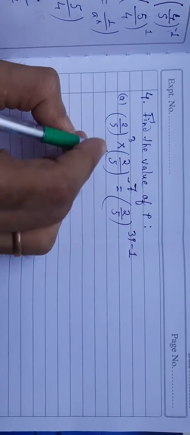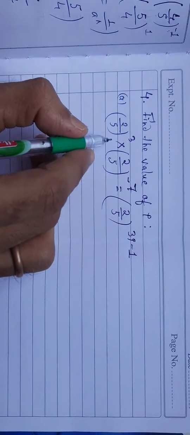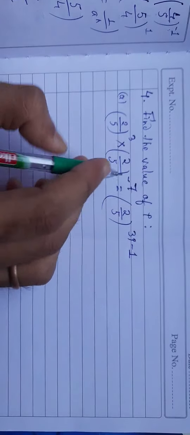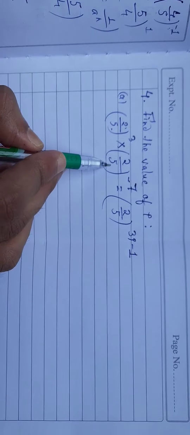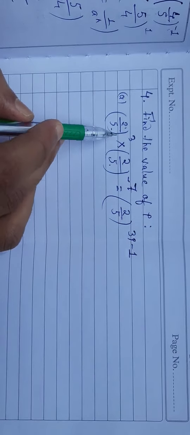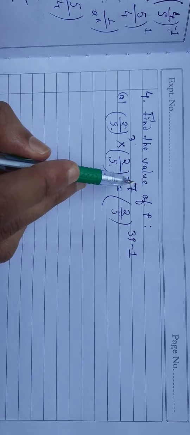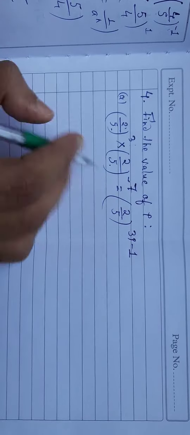Now this statement can be converted into a to the power m plus n form, since you can see here bases are same, 2 by 5 and 2 by 5. It can be written as a to the power m into a to the power n, which equals a to the power m plus n.